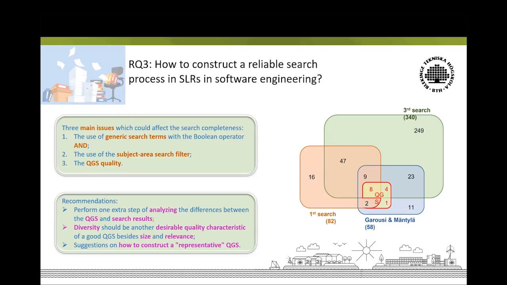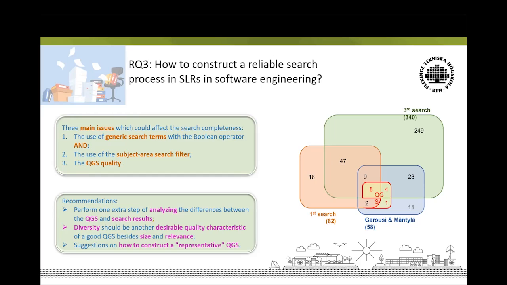The second thing is the quasi-gold standard quality. We have seen that there are a lot of papers talking about the size of the quasi-gold standard, but we argue that this is not enough as a desirable quality characteristic. Besides size, there should be diversity and relevance as well. Relevance is obvious: the quasi-gold standard should include relevant papers for your search topic. But diversity means that it should, for example, cover different research communities or different search engines or databases.